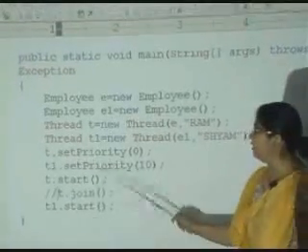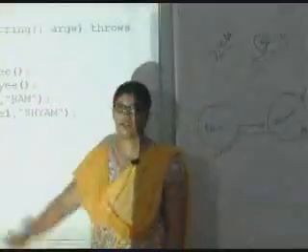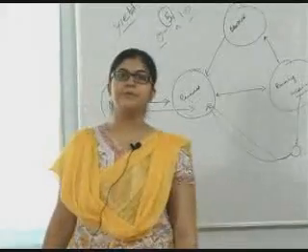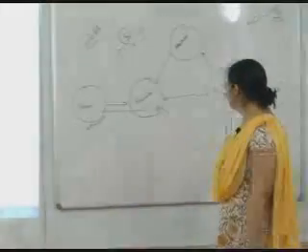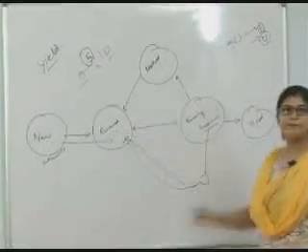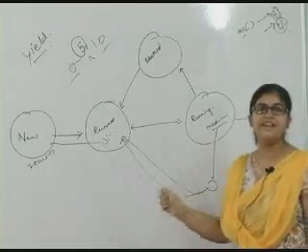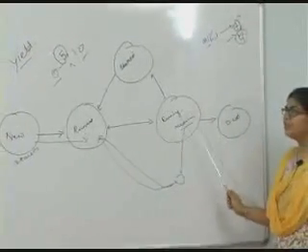Okay, now I am starting my T and then I am starting my T1. What should happen? The moment T goes over here, it is running. T1 enters into the runnable pool. The CPU comes to know that a thread with higher priority is over here, so it will give the CPU to the thread T1.